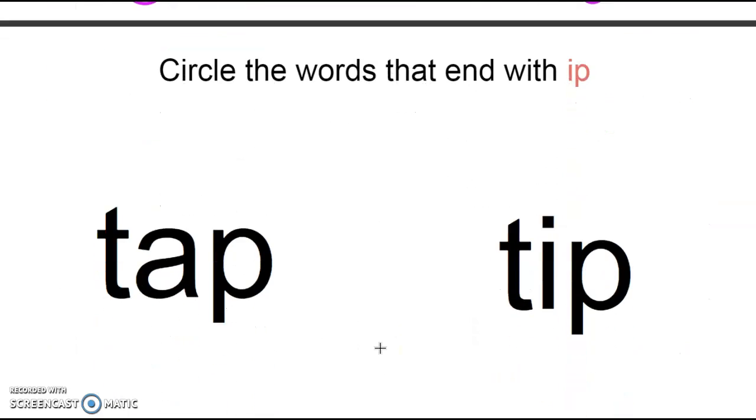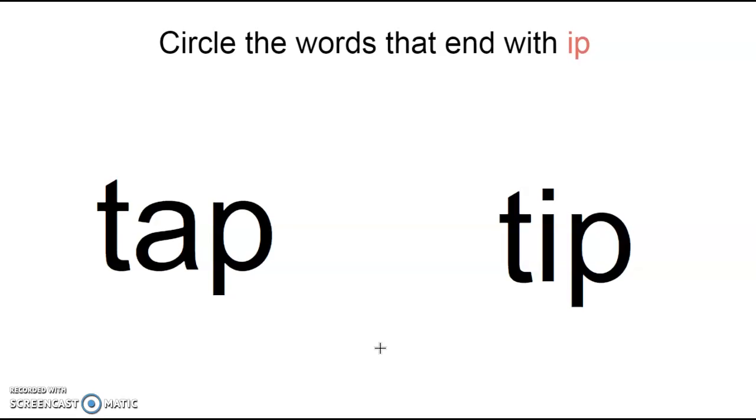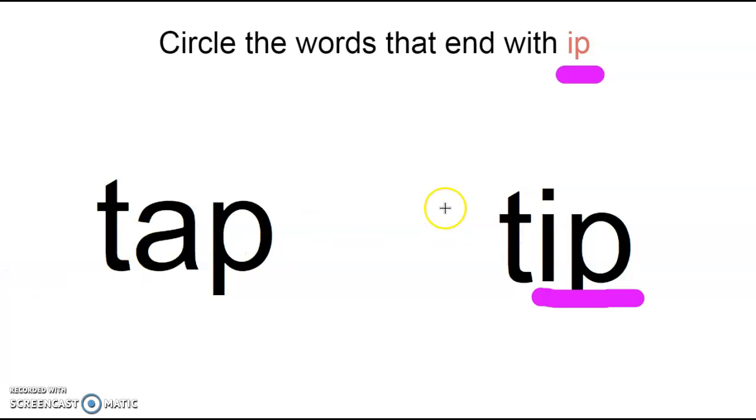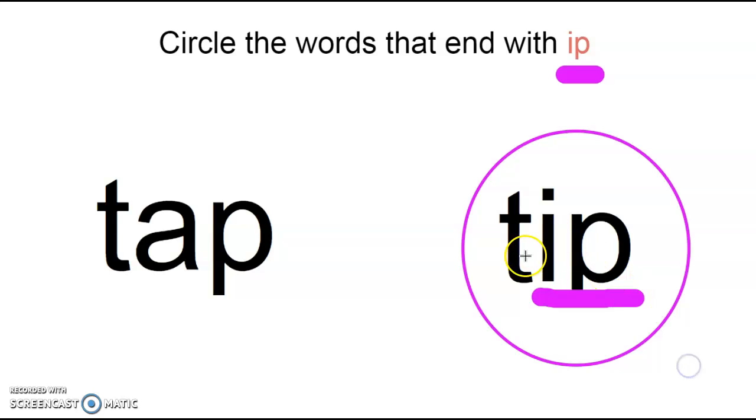Great job. Now, our rules have changed. The instructions at the top want us to circle the words that end with IP. Our 2 words are tap and tip. Which word has the IP at the end? Go ahead and point or say that word out loud. If you went over here to the word tip, you are correct. Tip is our word that ends with IP.